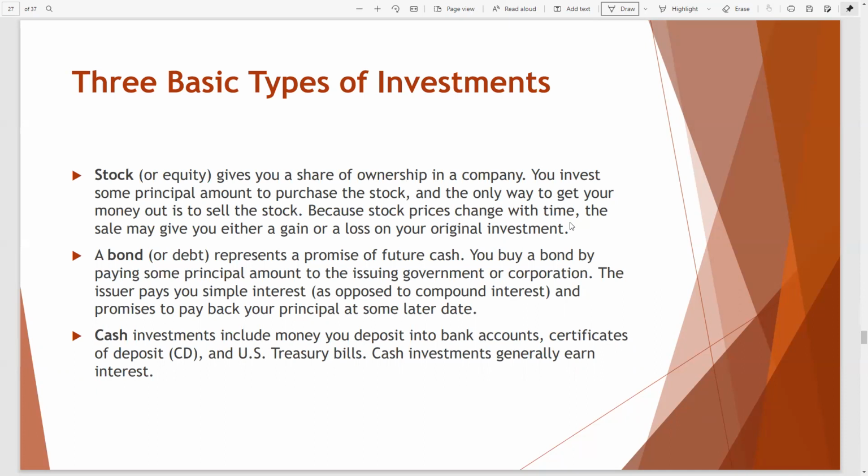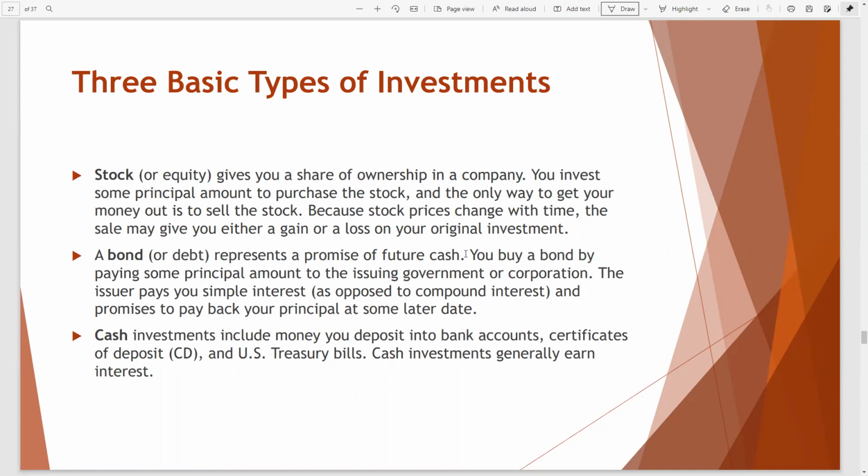Then the bond or debt represents a promise of future cash, right? It's more or less a promise, but whenever it's less risky, that means your return will be lower. Something with high risk will have high return. Low risk will have low return, right? That's one common sense in the economic market.